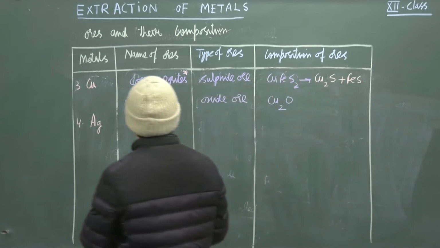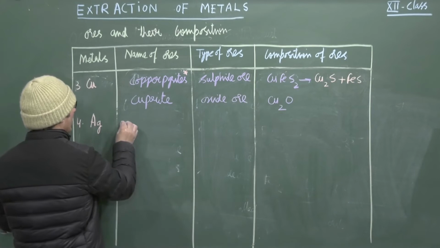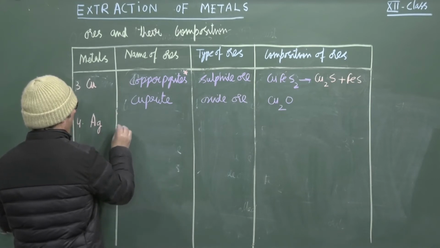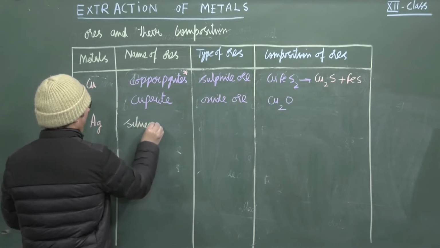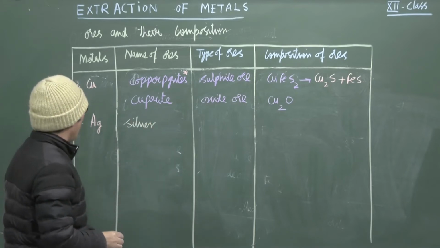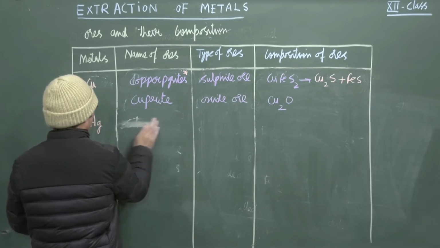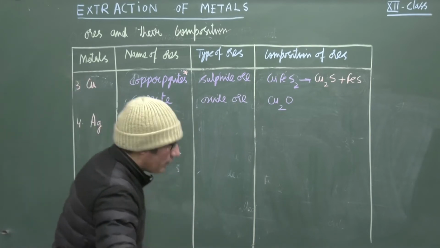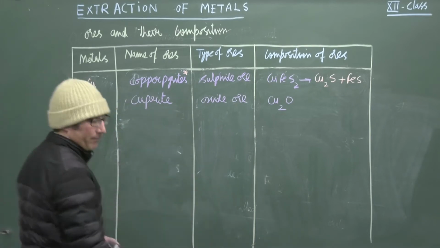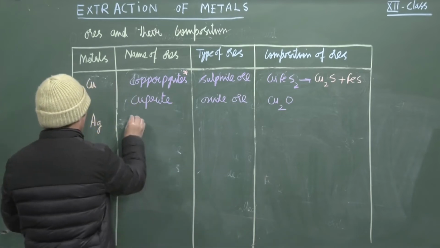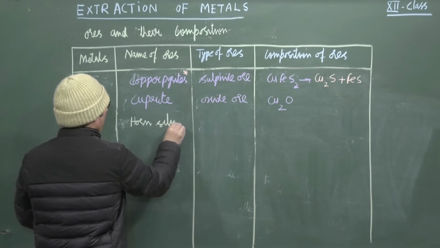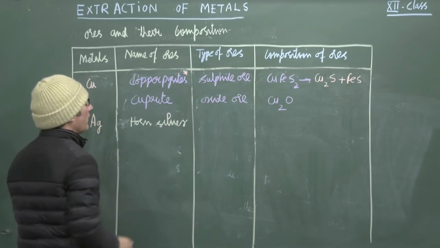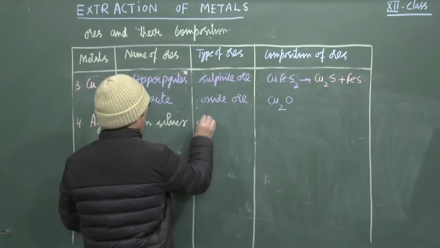Its principal ores: one is horn silver. The name is horn silver. This horn silver is the chloride ore.